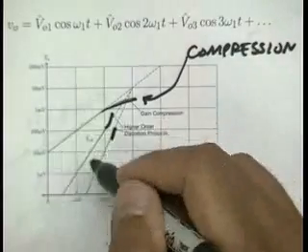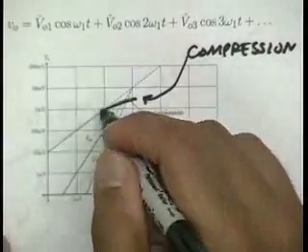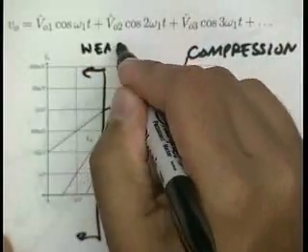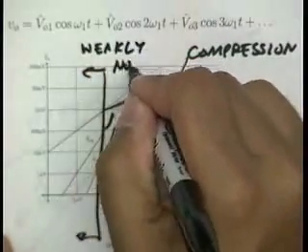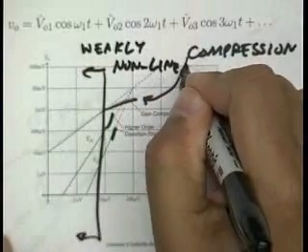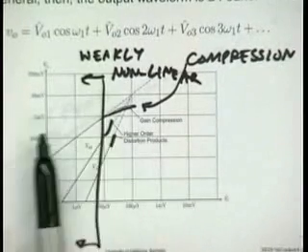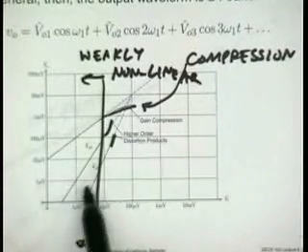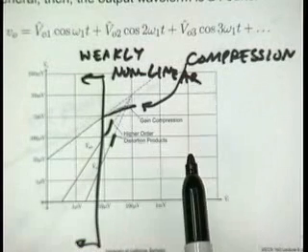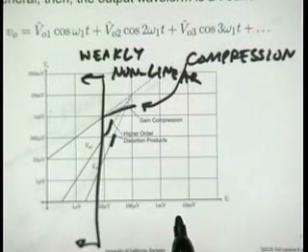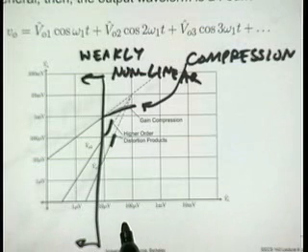So the region where we say this system is weakly nonlinear is to the left here. In other words, our analysis is valid as long as the second order distortion is dominated by the second power. The third harmonic is dominated by the third power, and so on.